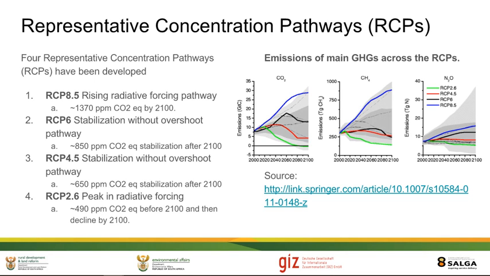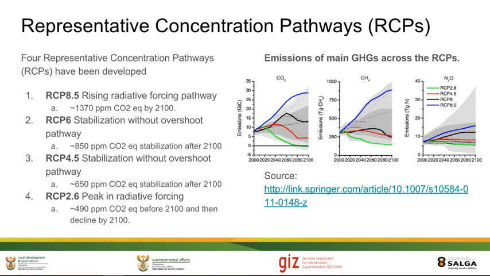The second climate modeling concept is the representative concentration pathways concept, or RCPs. RCPs are future scenarios or pathways for the world in terms of climate change. Scientists have developed 4 RCPs depending on the global community's effectiveness at reducing greenhouse gases.